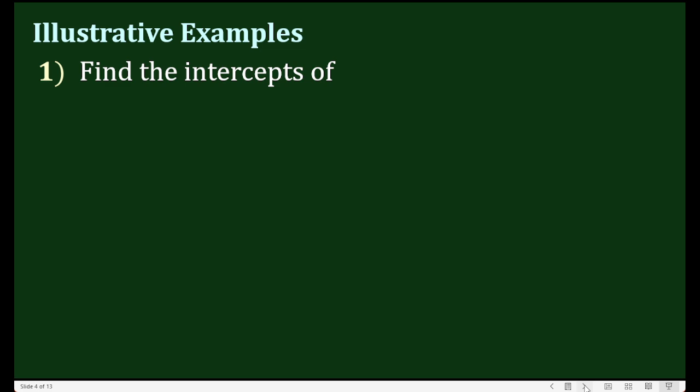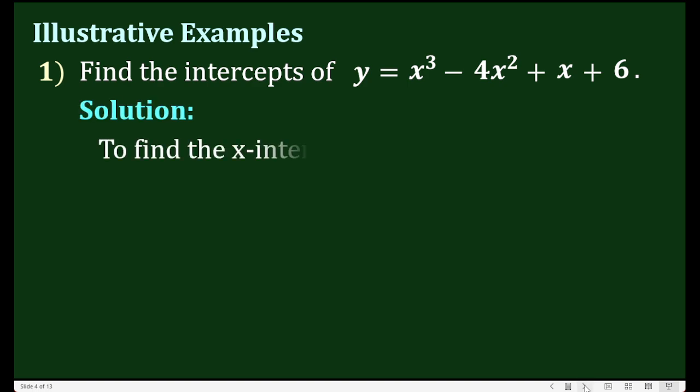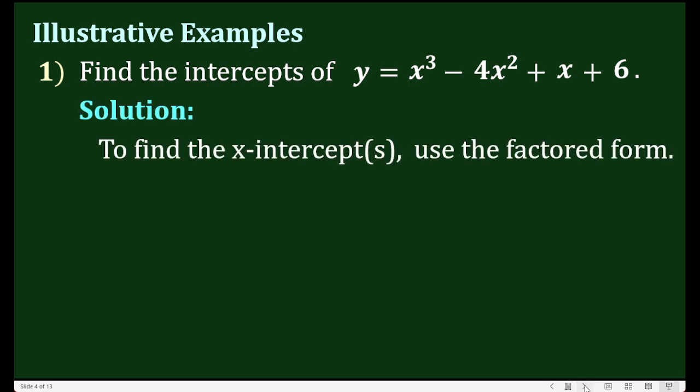To get the intercepts of the graph of the given polynomial function, such as y equals x cubed minus 4x squared plus x plus 6, particularly finding the x-intercepts, we make use of the factored form.